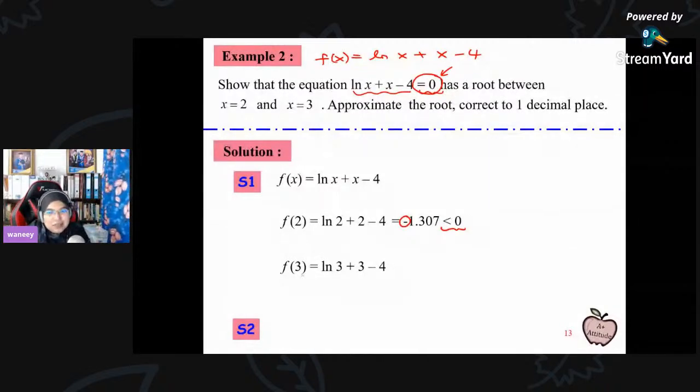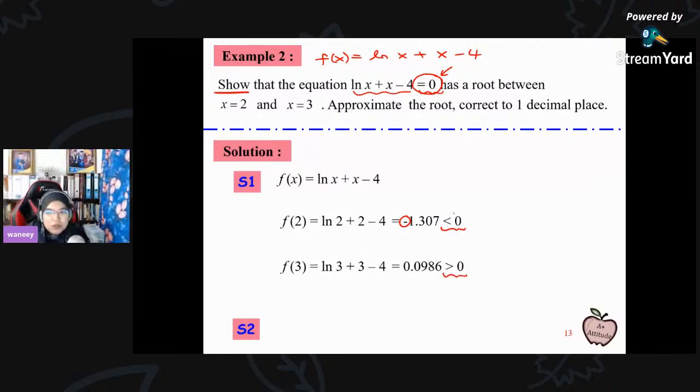Obviously the question asked to show, so there must be a different sign between them. One of them is already negative, so the other is supposed to be positive. This is positive 0.086, and this is greater than 0.